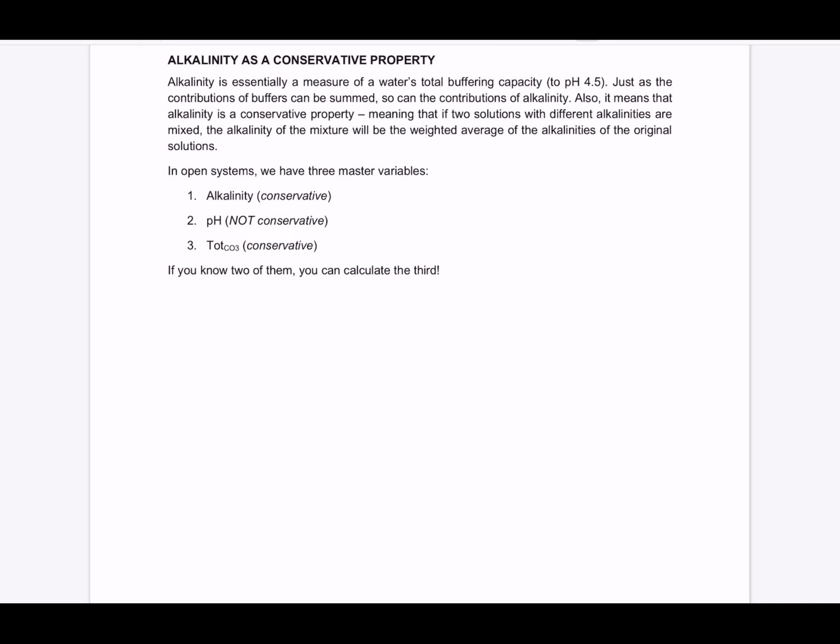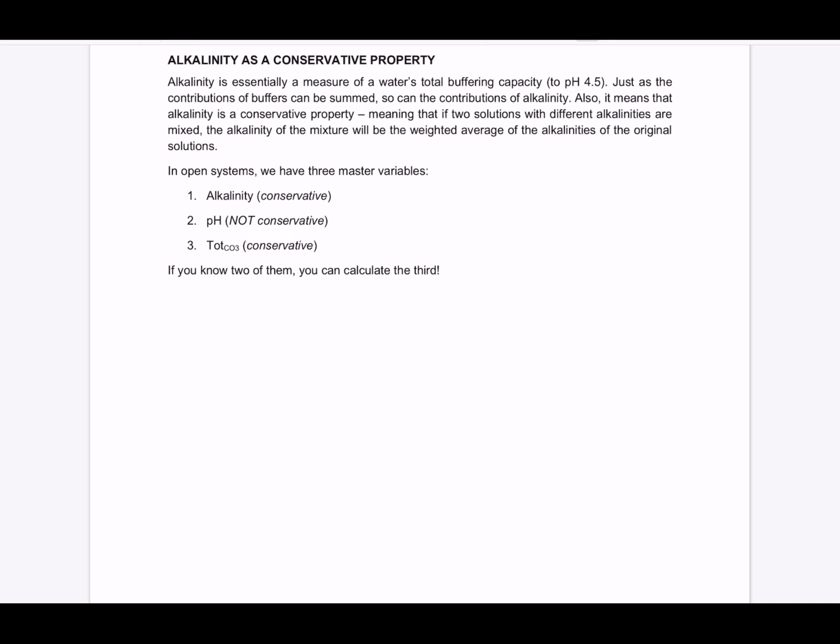Because between that 2 miles, you have re-equilibrium with the air. So as you see, it's a completely different system. It's an open system. But at the mixture, we're basically using the three important facts with that easy, straightforward equation for alkalinity to be able to predict the pH. So alkalinity is a conservative feature.